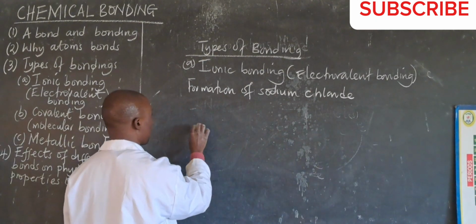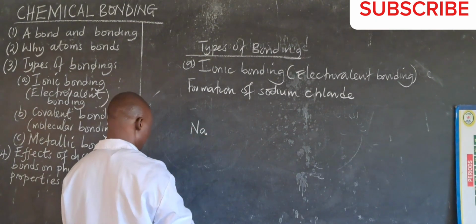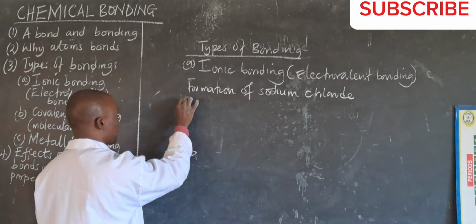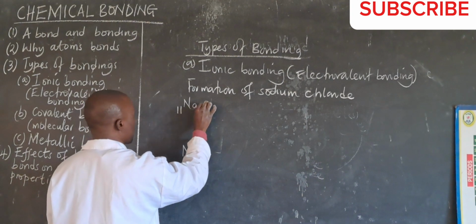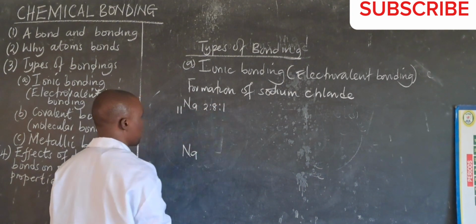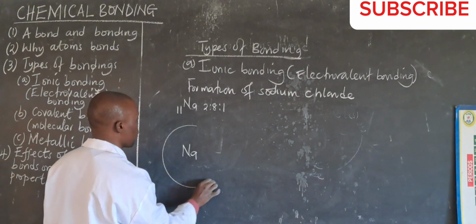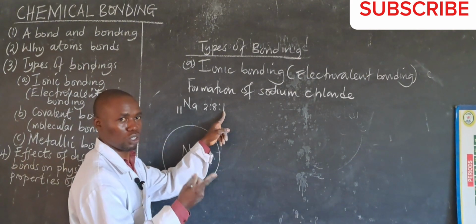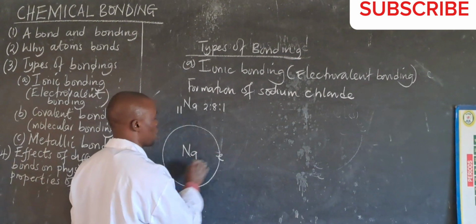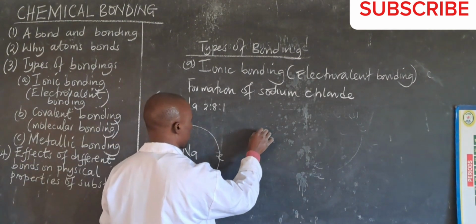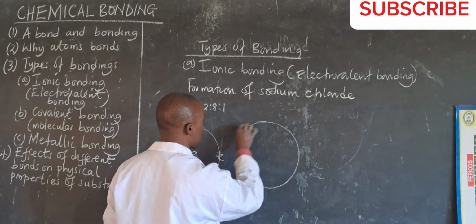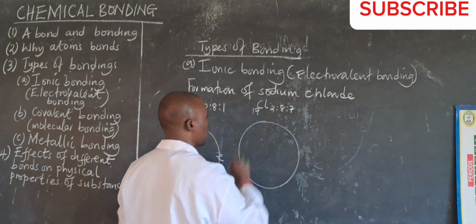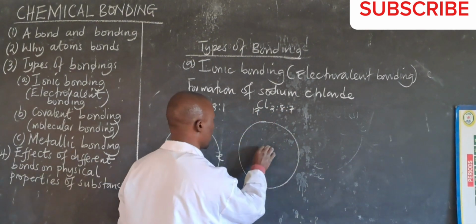So in forming sodium chloride, let's put here our sodium atom. Remember, sodium has atomic number 11, so it is 2, 8, 1. We are only going to use the outermost shell, which has 1 electron, to save space and have a simple explanation. So sodium will come together and combine with chlorine. Chlorine here is 2, 8, 7, so it has 7 electrons in the outermost shell.